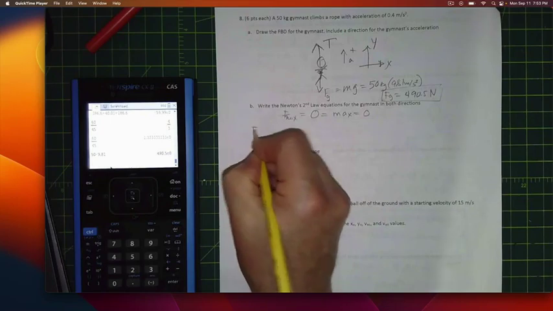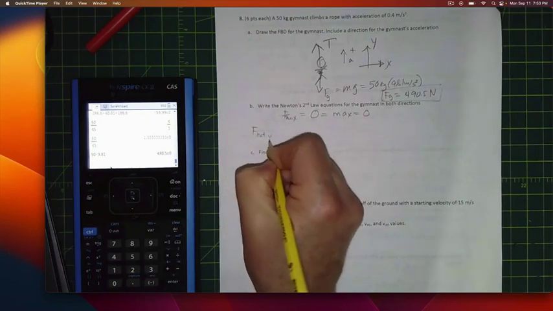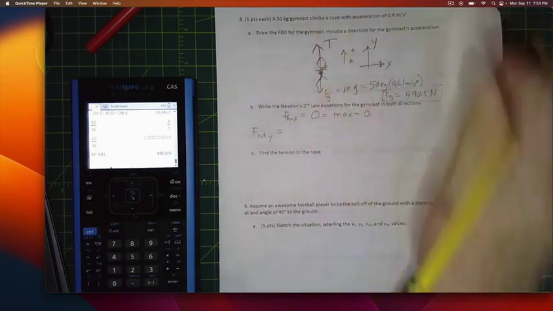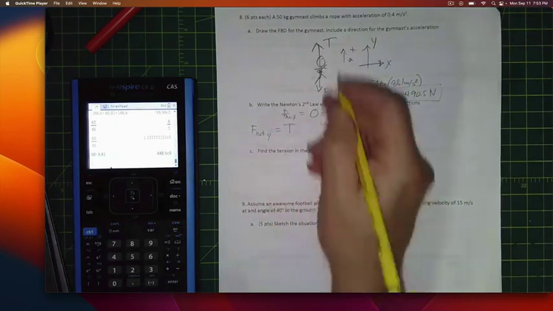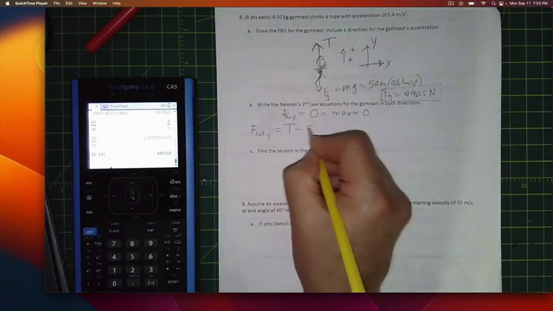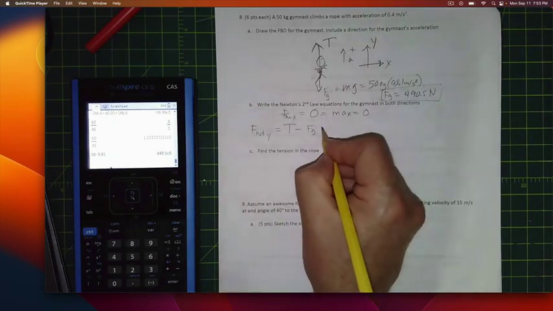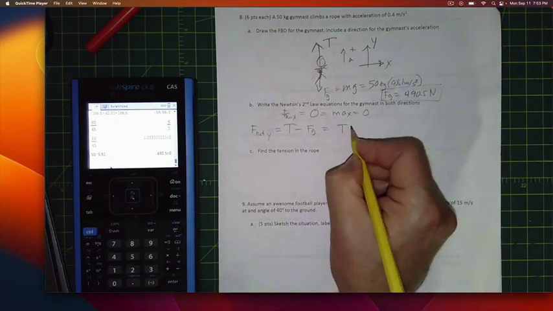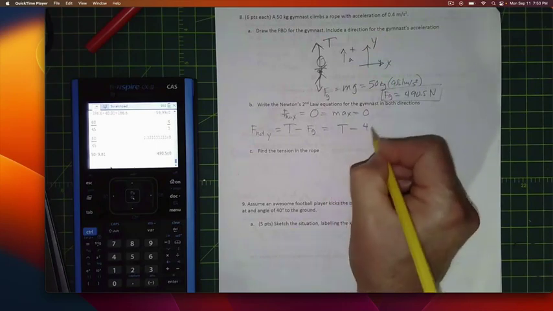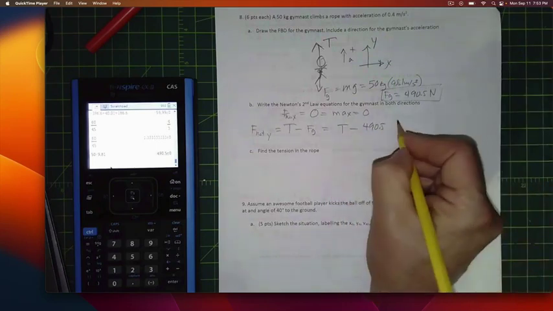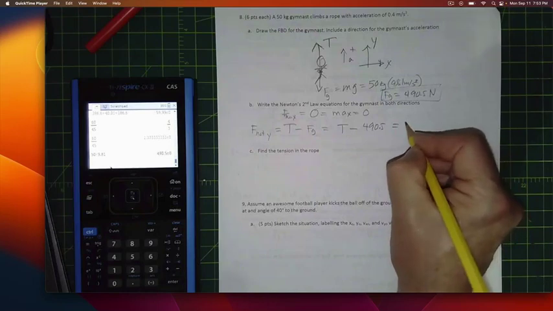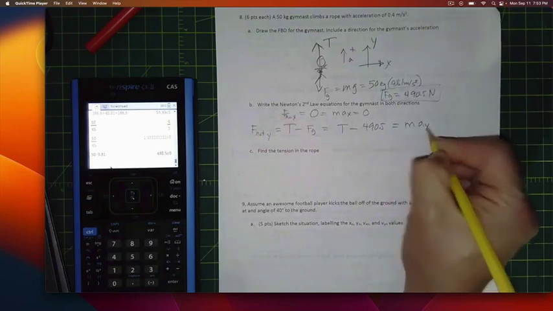But F net in the y direction, we got T in the positive y direction, minus F of gravity in the negative y direction. We can put in numbers. We can say that's going to be T minus 490.5, and that's going to be equal to mass times acceleration in the y direction.